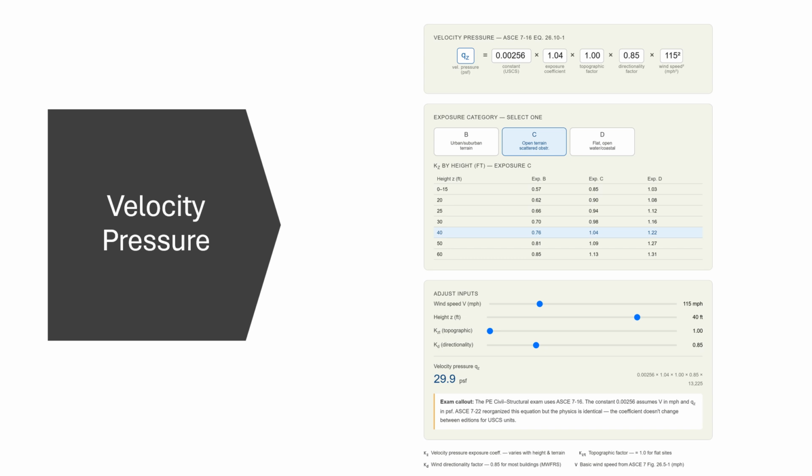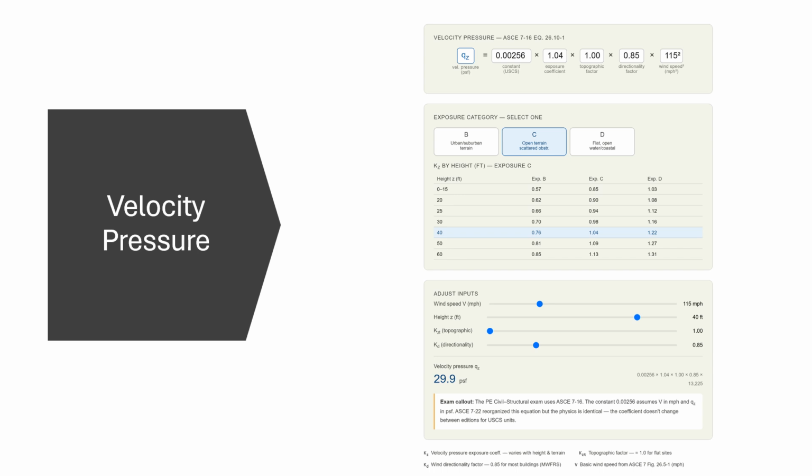And this formula at the top, the q sub z, is the pressure in pounds per square foot. And you have your constant of 0.00256. That does not depend on any factor. You're going to use that in every velocity pressure calculation that you run. So then you have your exposure coefficient.